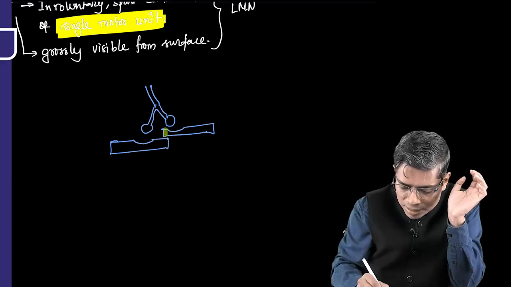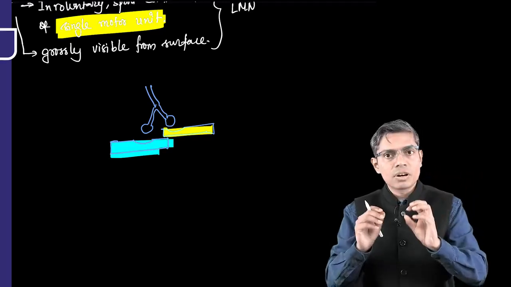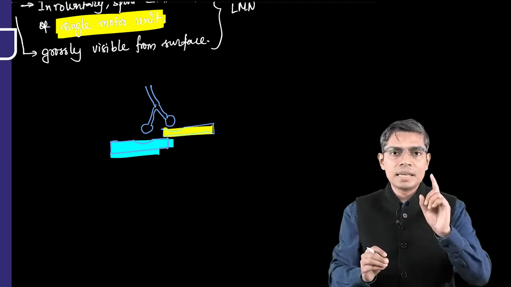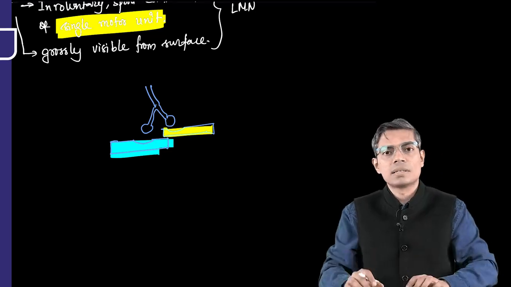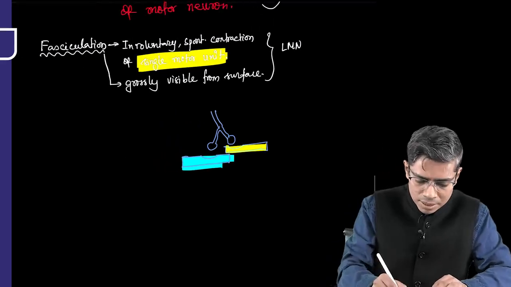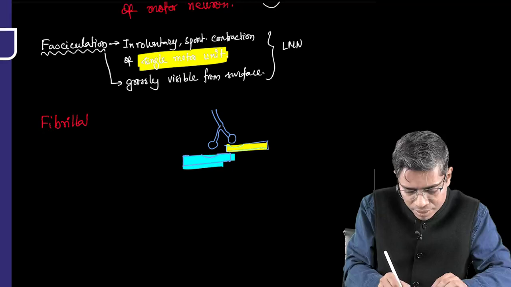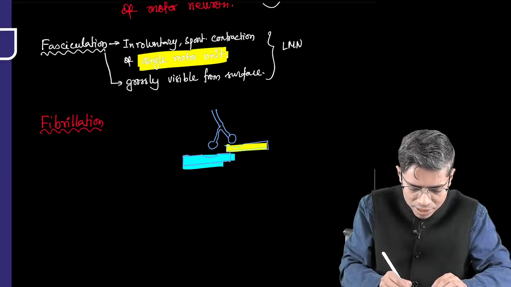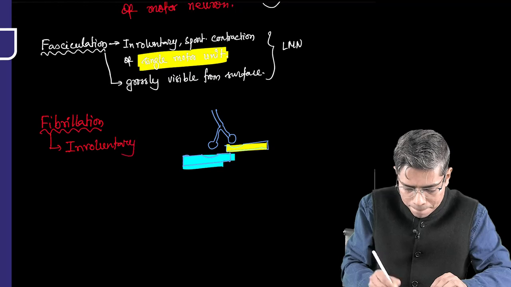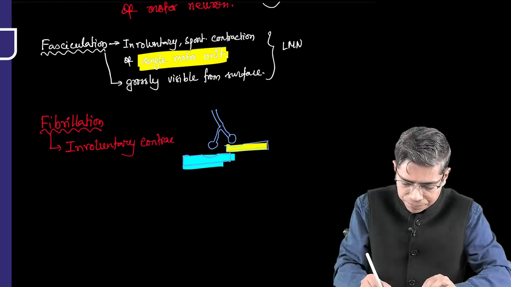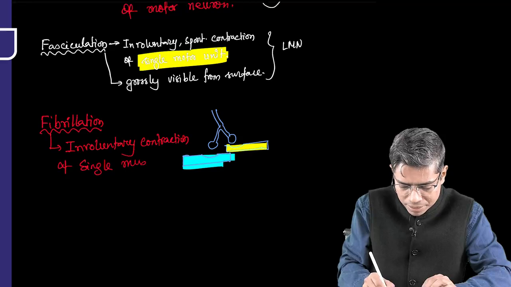Individual contraction of a single muscle fiber, a single muscle cell, is known as fibrillation. So please remember that in contrast to fasciculation, fibrillation is involuntary contraction of a single muscle fiber.